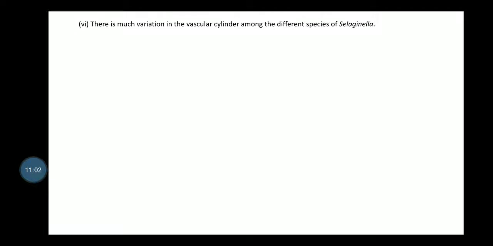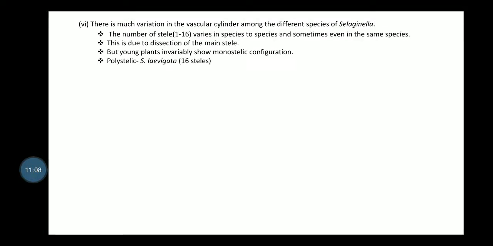And there is much variation in the vascular cylinder among the different species of Selaginella. These are the variations. The number of stele may differ from 1 to 16, and that varies from species to species, sometimes in the same species also. Actually, this is due to the desiccation, but young plants invariably show monostelic configuration.